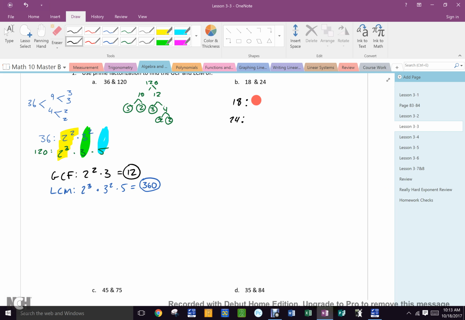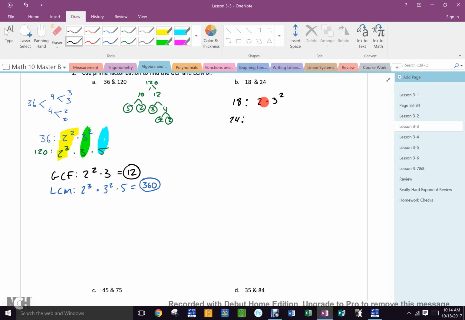Daniel. 6 times 3. Now, is 6 a prime number? No. So what's your next branch going to be on the 6? 3 and 2. Right. So Daniel has 2 times 3 squared, right? So you had 6 times 3, and then 2 times 3. 2 2's and a 3, right? Yeah. Or 2 3's and a 2, right?